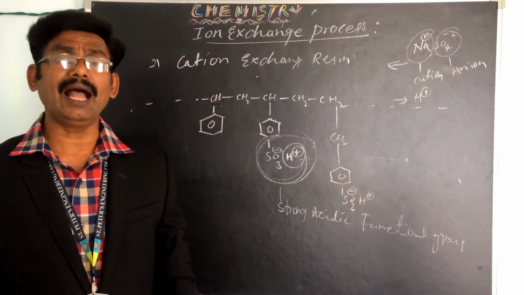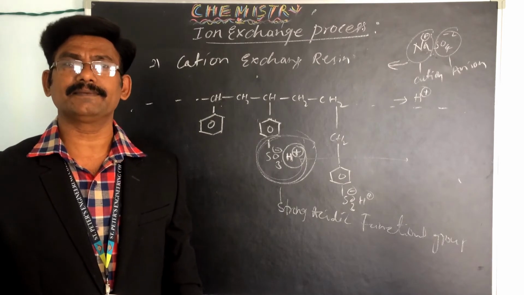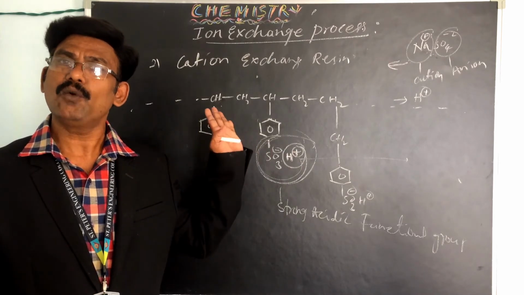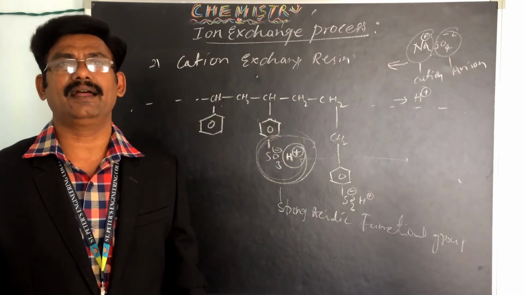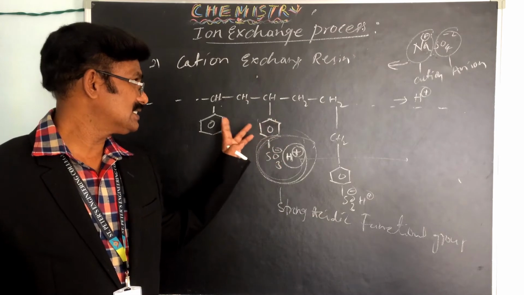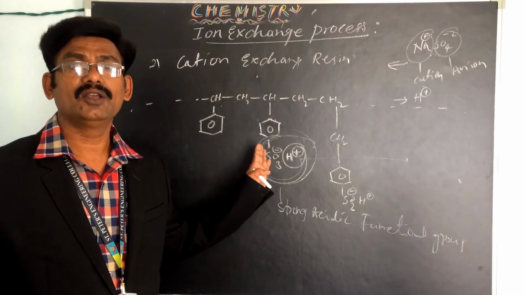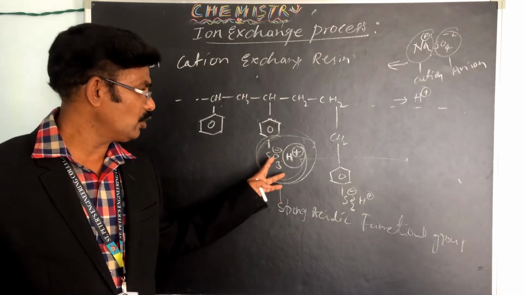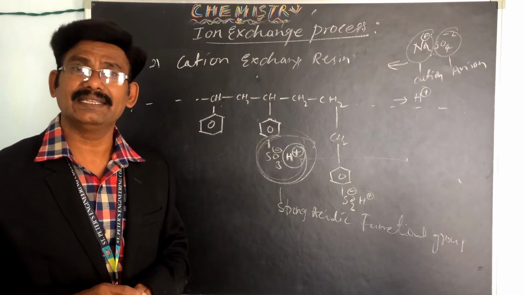Understand why the name is cation exchange resin? Only H plus ions are exchanged by sodium ions. So, benzene, styrene, divinyl benzene, having a strong acidic functional group. This is about the cation exchange resin.